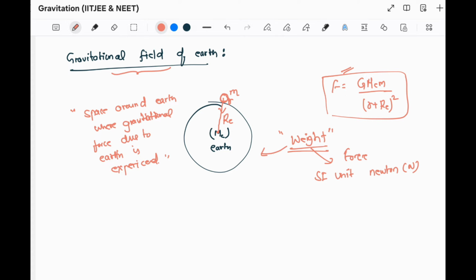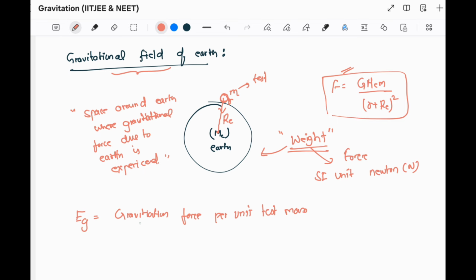Now the task is how to find the gravitational field. The gravitational field of Earth is nothing but the gravitational force per unit test mass. What is the test mass here? Suppose I have kept m here as my test mass.